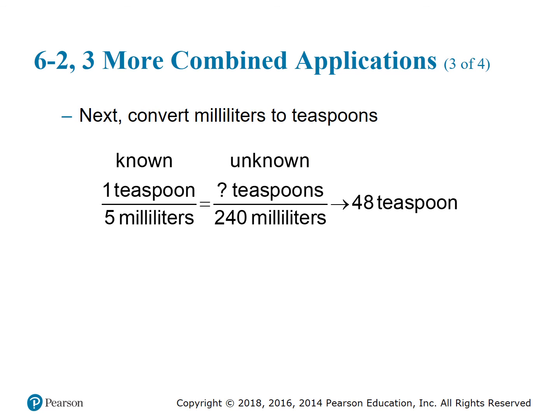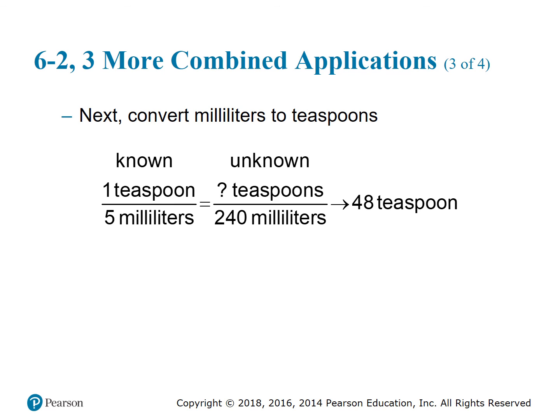All right, so our chart on page 159 tells us that there are 5 milliliters in 1 teaspoon. So we're going to set up teaspoons to milliliters. We have 1 teaspoon is 5 milliliters, and we set that up on the left. That's what we know. On the other side, we're going to set up making sure that our units are across from each other, X number of teaspoons over our 240 milliliters.